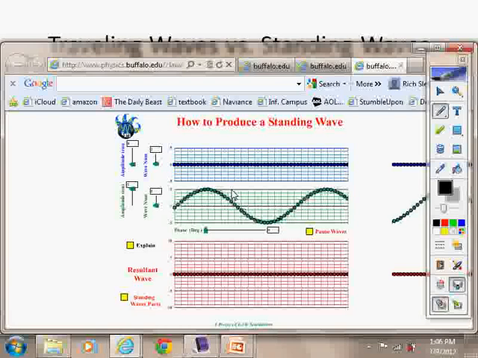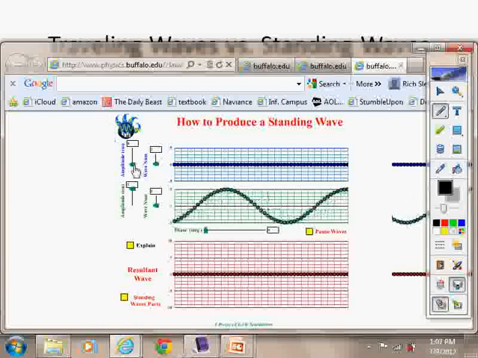But if both waves travel through each other, the interference pattern that gets produced forms a wave that appears to be standing still. The red one down here, the resultant wave, is the superpositioning of the top two waves happening at the same time.